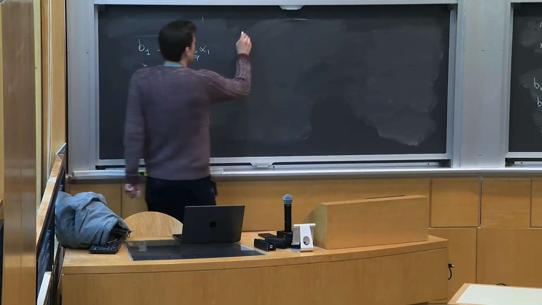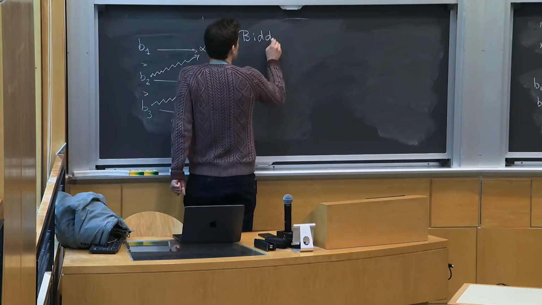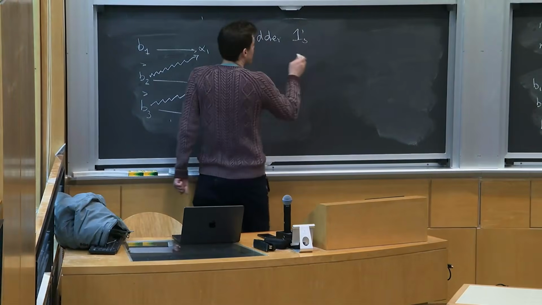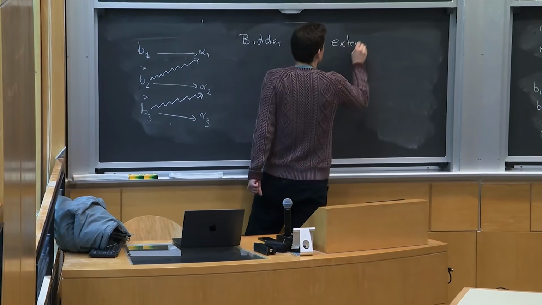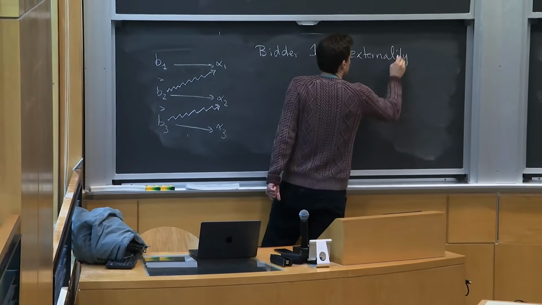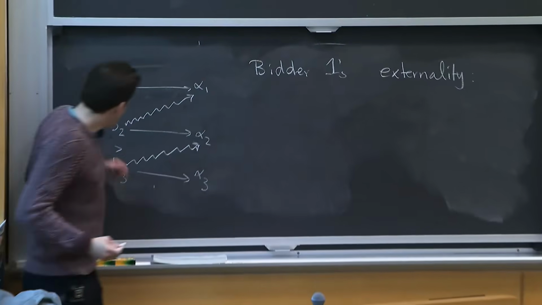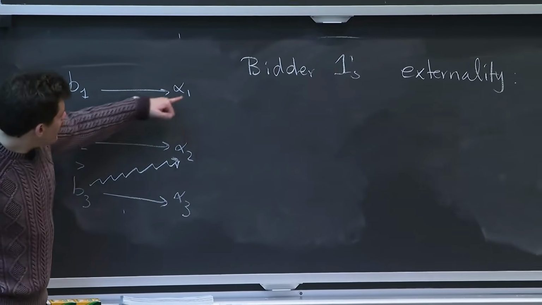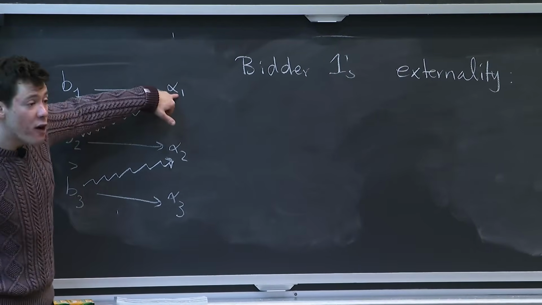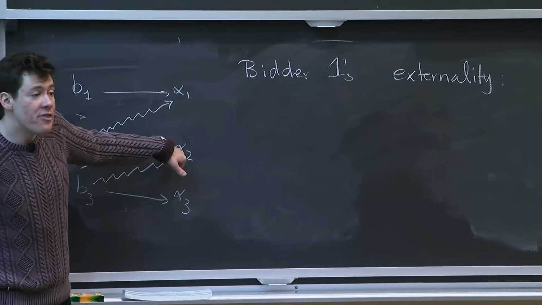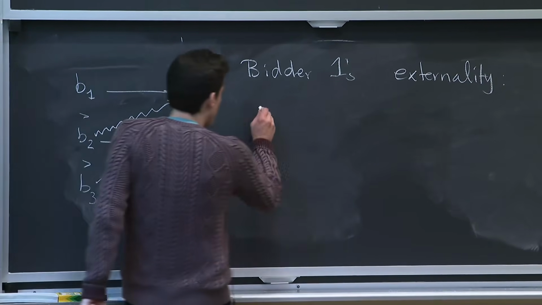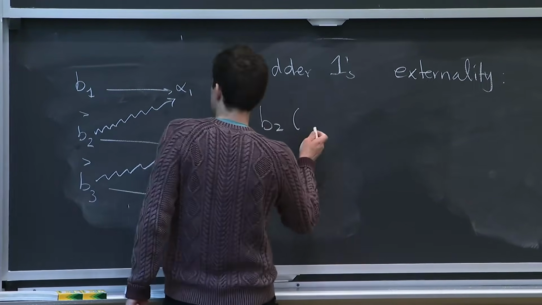So let's now compute bidder 1's, the highest bidder's, externality. Well, bidder 2, the externality is that they're pushed down from alpha 1 to alpha 2 as their click-through rate. So we have B2.